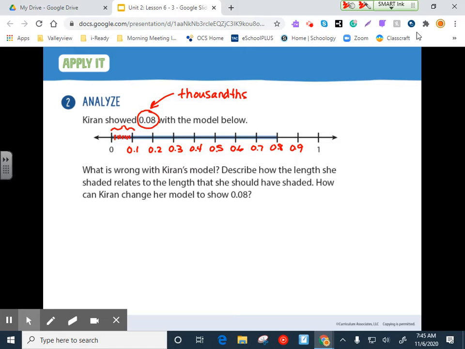And that would mean, I'll change the color here, this would actually be 800ths, because that would be even smaller. So she used her number line to represent 8/10, and this represents 800ths. It makes it even smaller.